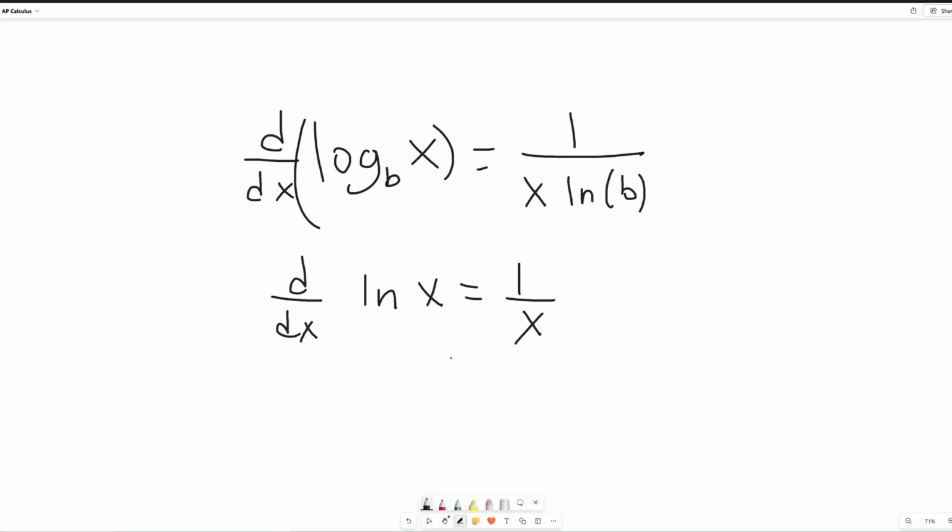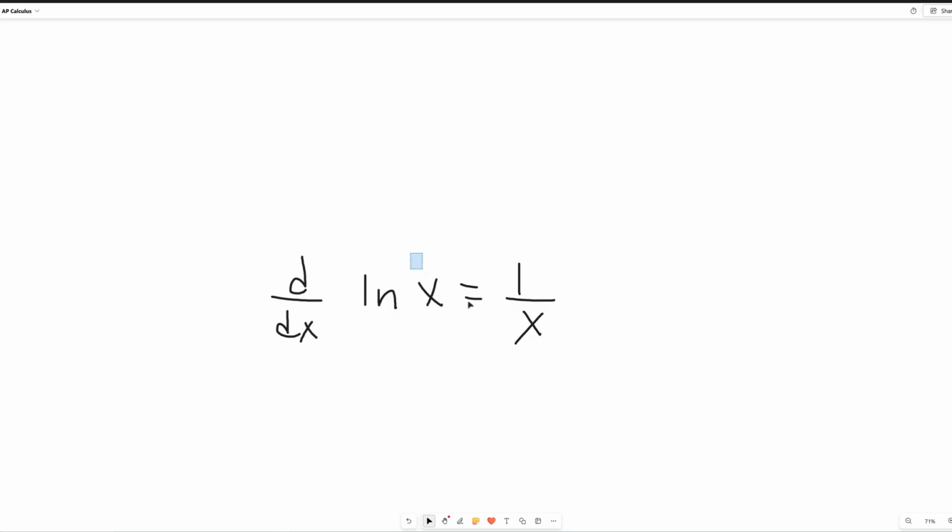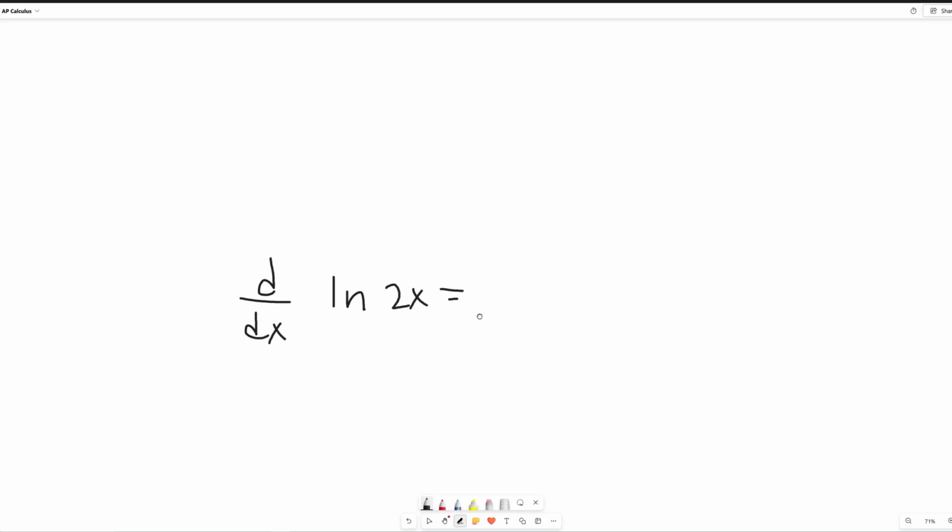And this works with the chain rule as well. If you have ln of 2x, that's going to be 1 over 2x times the derivative of 2x, which is 2. Now, what you may notice is that these 2's can basically cancel out.